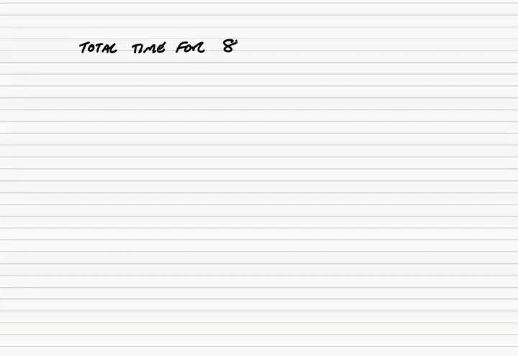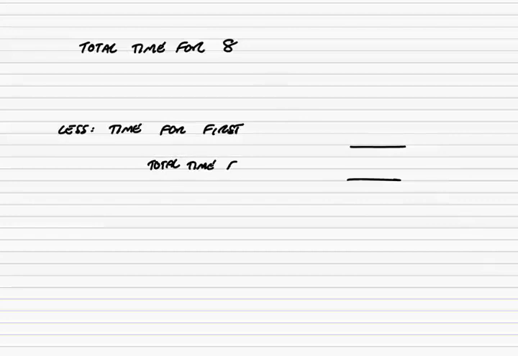and if we can work out how many hours 8 units take, well, if we deduct the time for the first, then surely it'll give us the total time for the next 7, which is what we want.